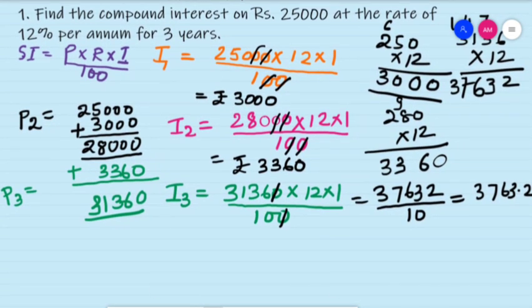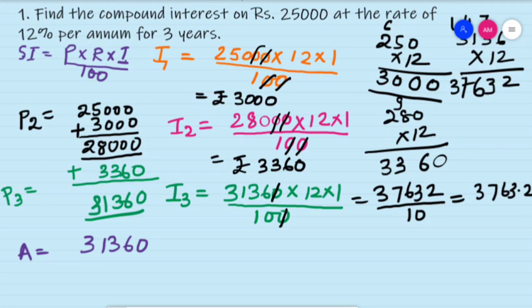Okay. So let us see how much is the amount he is going to get after the third year. So after the third year, the amount he will be getting is, what was the principal? 31,360 was his principal, and how much he got as interest?